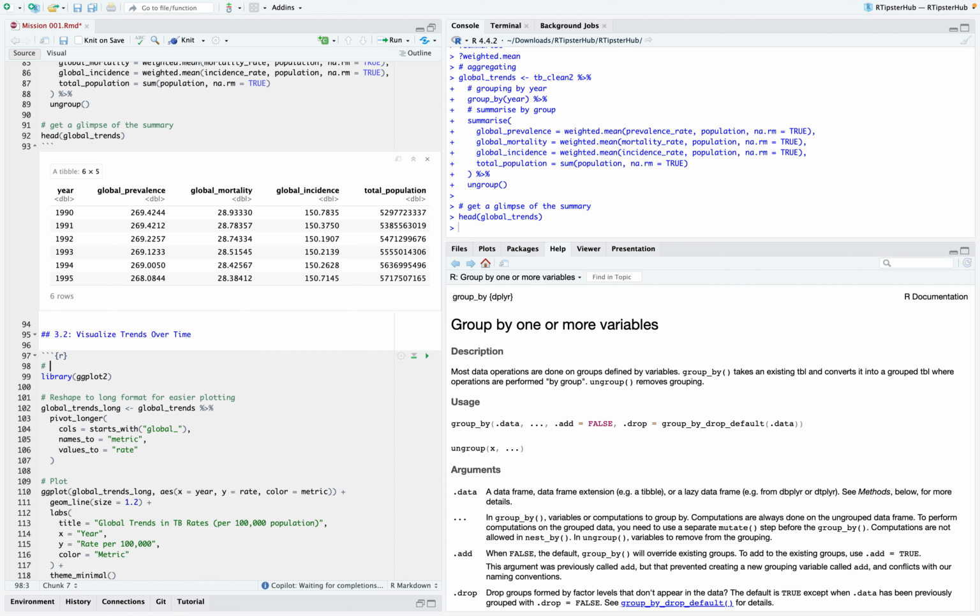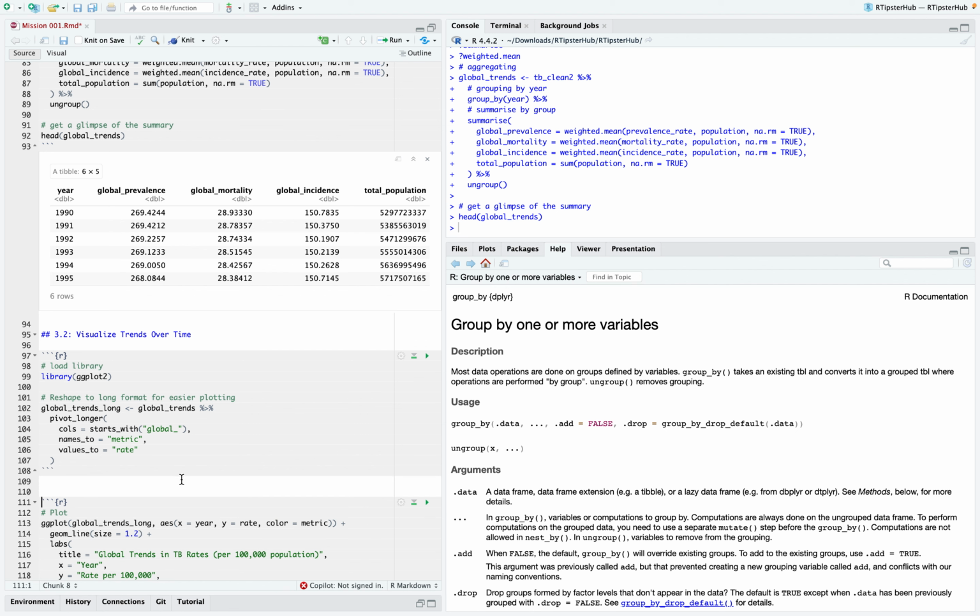We have to load ggplot with library, because it will help us to visualize. And then it says reshape to long format for easier plotting. I think let's just separate this: global trends long, and then global trends pivot longer.